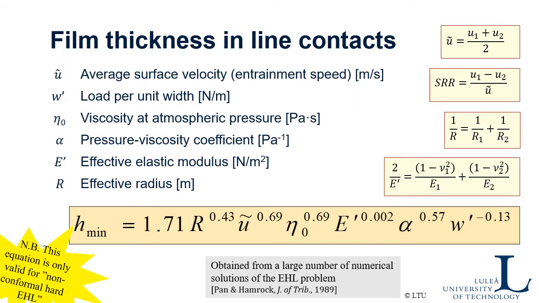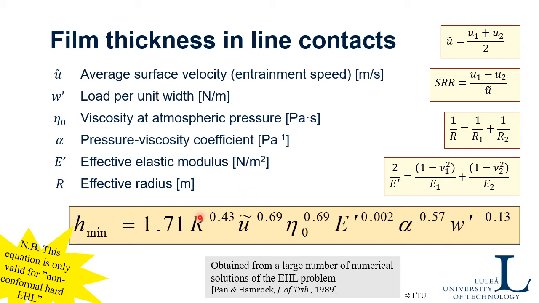Over the years, a number of people have been solving this numerical problem, and they have been summarizing the results in equations like this, by using some different regression techniques. In this equation, which describes the minimum film thickness in an EHL contact, you can see some numbers here.